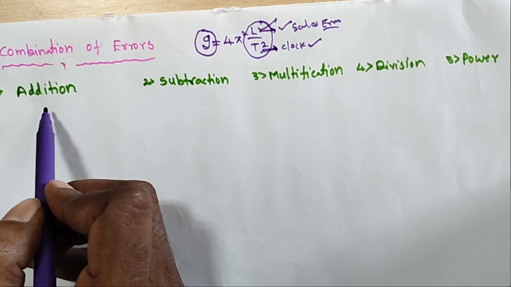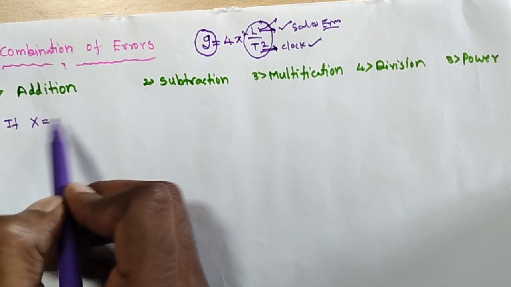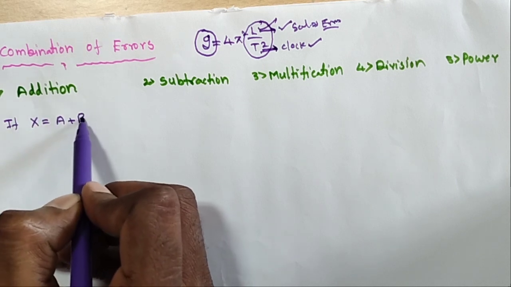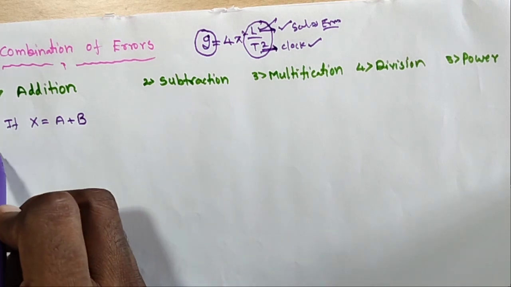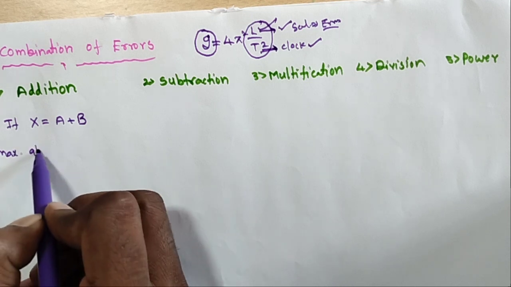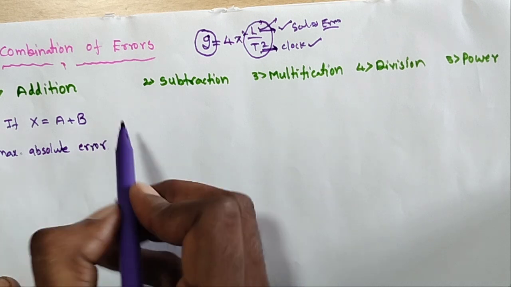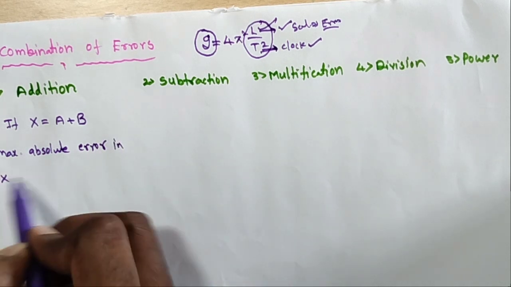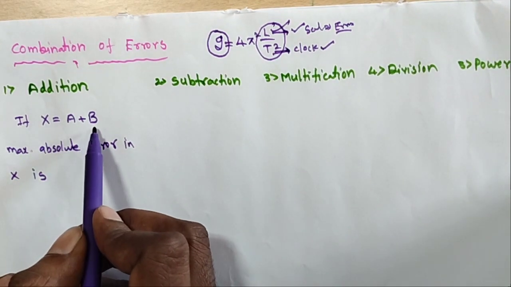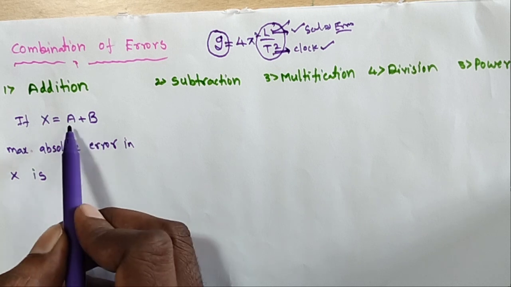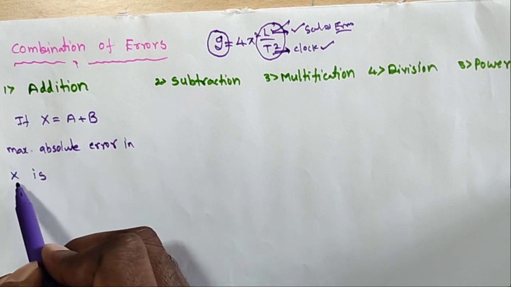For example, if capital X is equal to A plus B, I am taking capital X is equal to A plus B. Then the maximum absolute error in capital X is, so if you give some equation X is equal to A plus B, where A and B are the values, what is the maximum absolute error in this X?